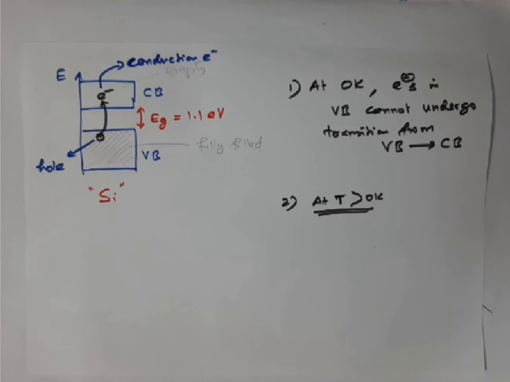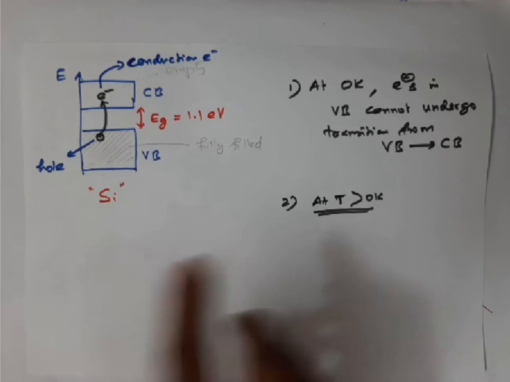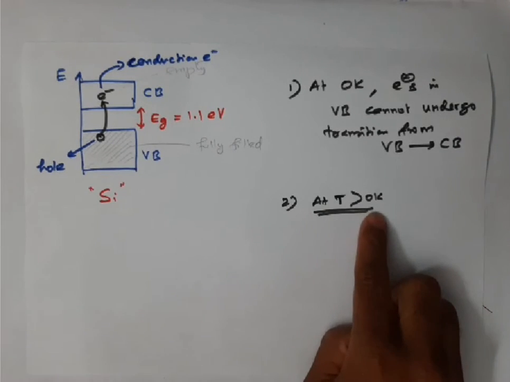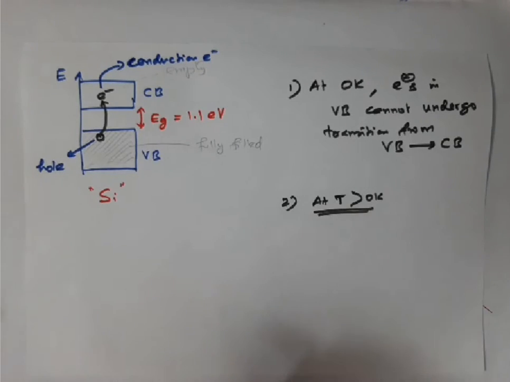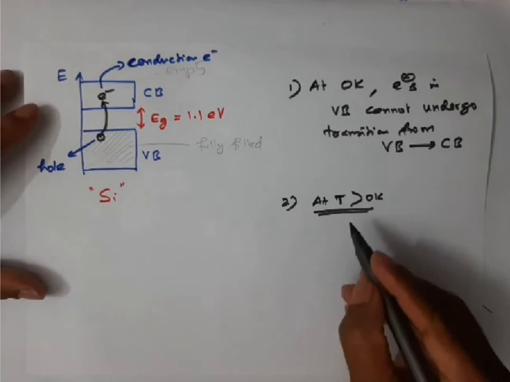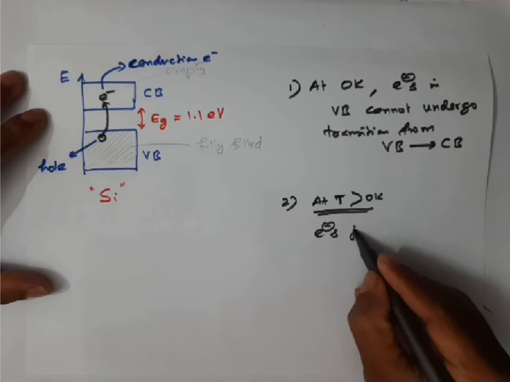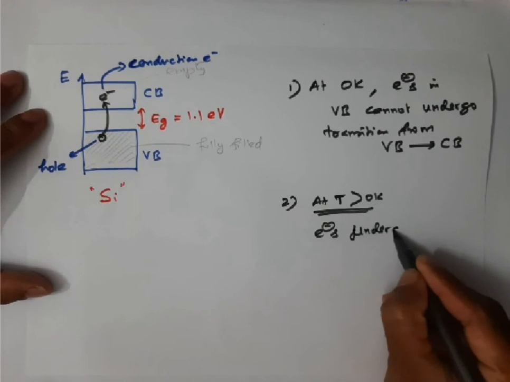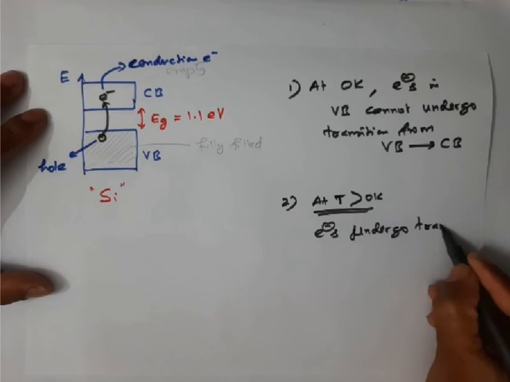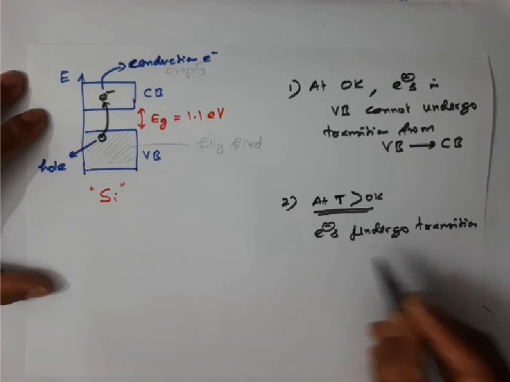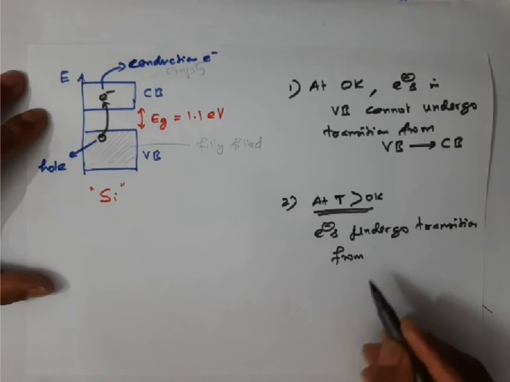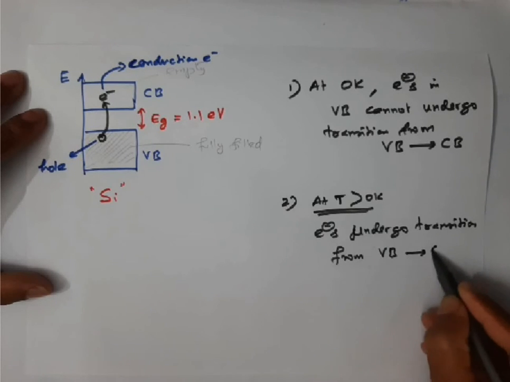So listen carefully, students. At 0 Kelvin, electrons do not have energy to jump, but at a temperature above 0 Kelvin, for example room temperature, electrons undergo transition from valence band to conduction band.